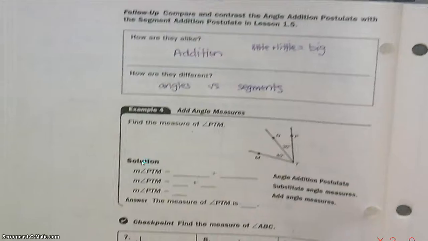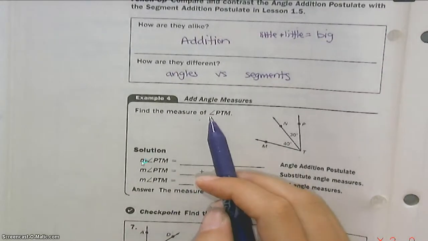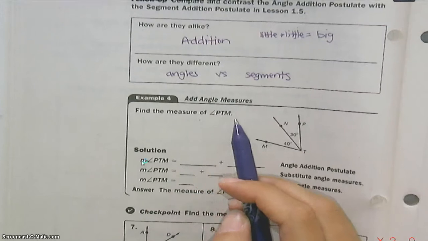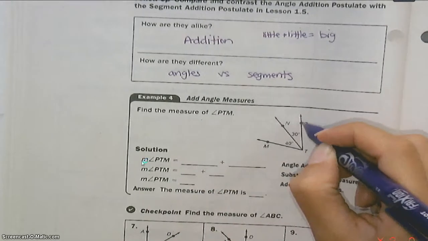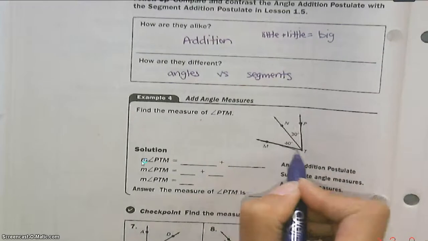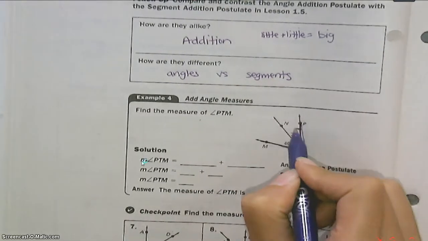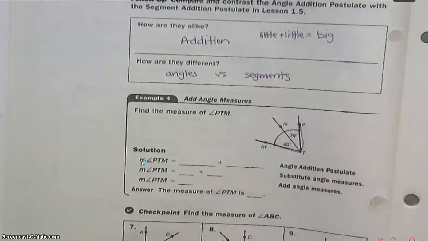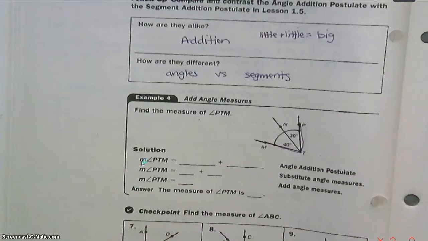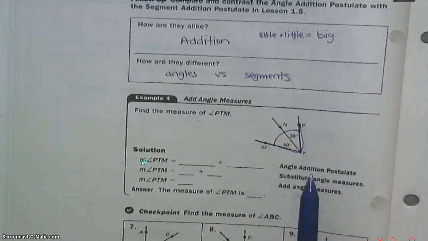All right. Example 4. Find the measure of angle PTM. Okay, so let's go to P, then T, then M. We need to find this whole angle. So I'm going to draw an arc between those two purple lines. I need to find that whole thing. Well, angle addition tells me that I can add the two smaller angles together.